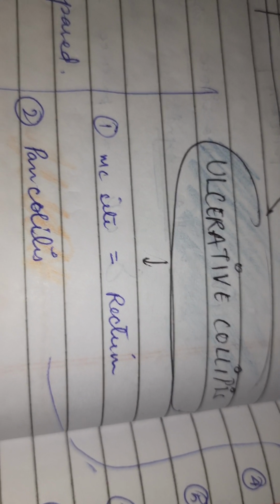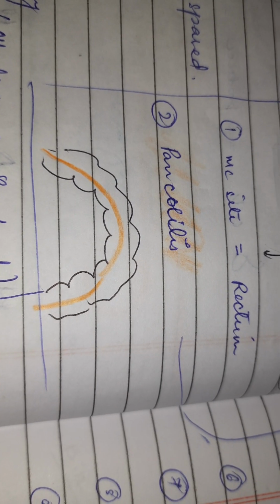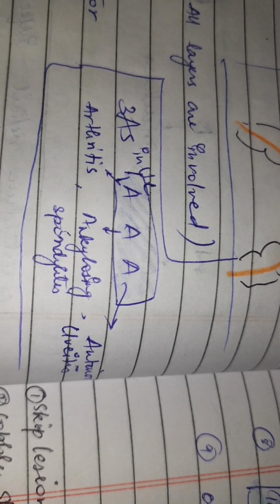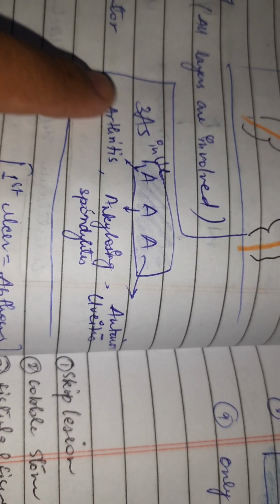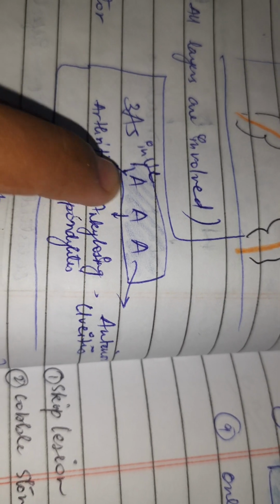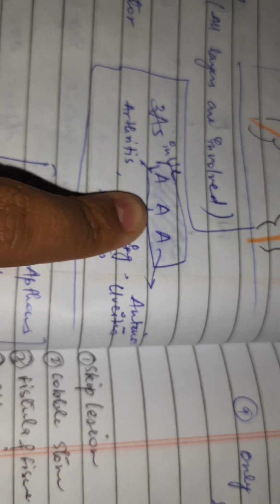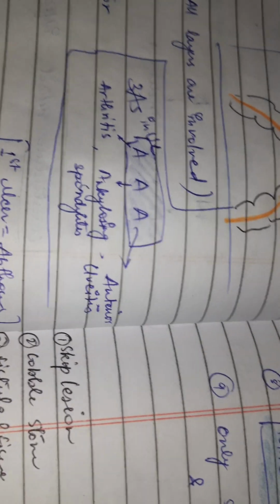It is pancolitis, a continuous lesion. Then the three A's: arthritis may occur, ankylosing spondylitis may occur, anterior uveitis may occur. Third, backwash ileitis, meaning it can involve the large intestine and extend to the ileum.